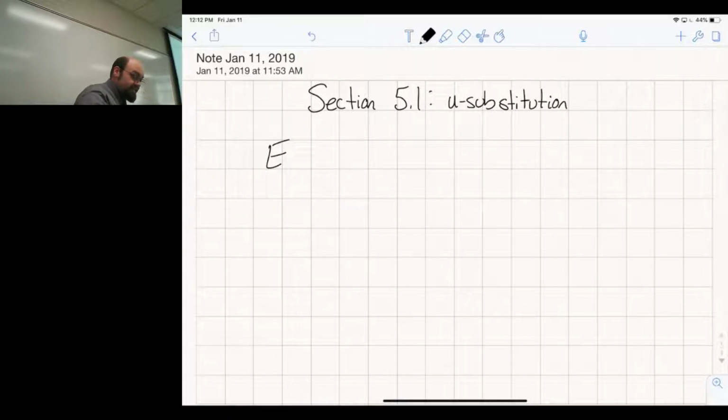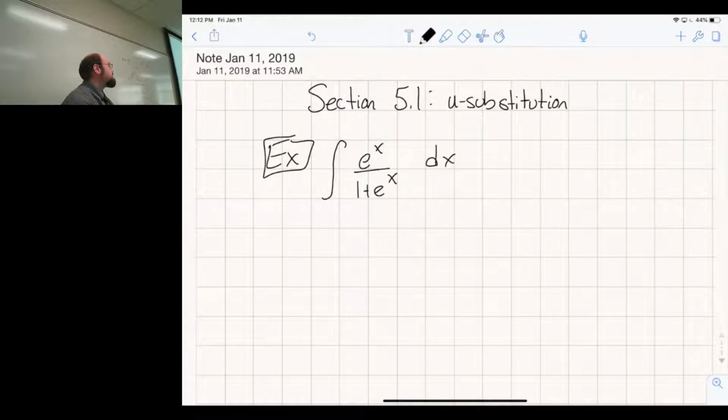So let's look at an example of a U substitution. So say you wanted to take the integral of e to the x over 1 plus e to the x dx. As it's written, that integral is not very obvious or easy. But we can pick something that, when I take its derivative, is in the problem itself.